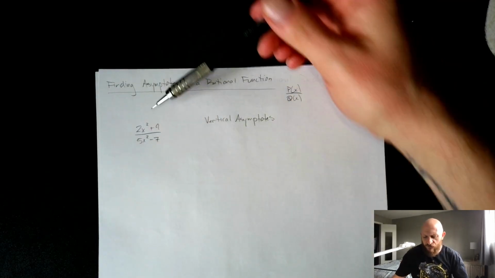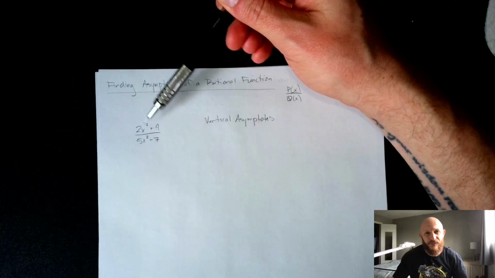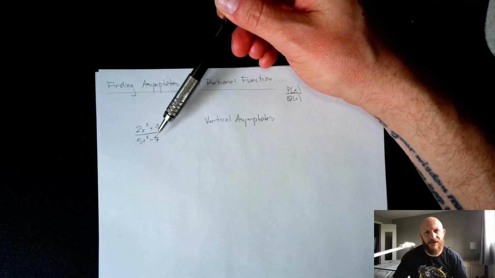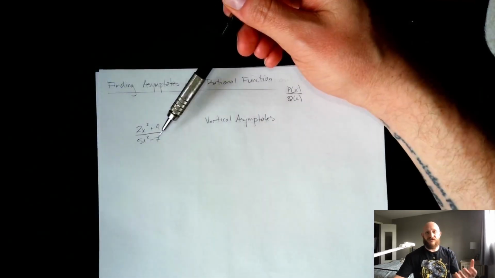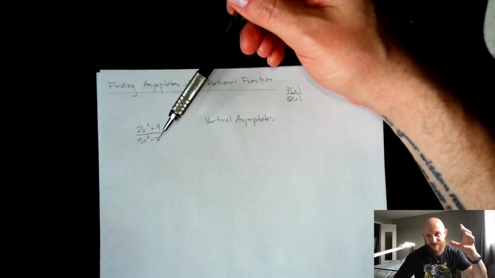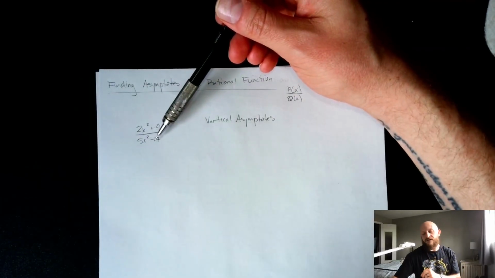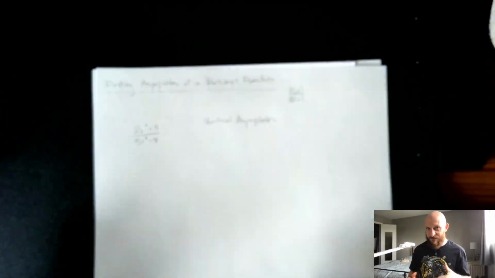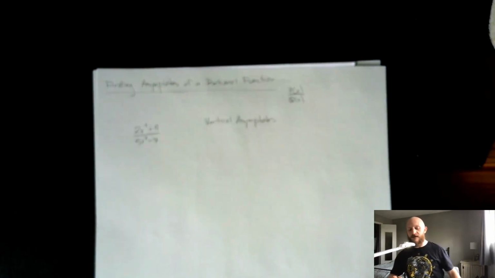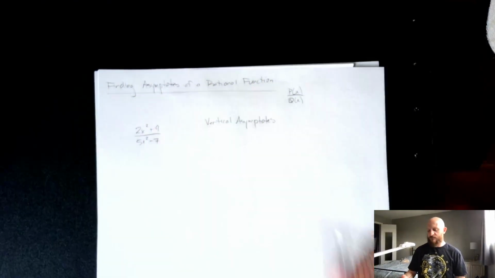Meaning there might be certain values of x that we could plug into this function that would result in the denominator being 0. And whenever that happens, in a rational function that has been factored and simplified, if there are values that would make the denominator 0, those are going to be asymptotes. Again, assuming that it's a fully factored, fully simplified rational function, which this one is. We can't simplify that at all.